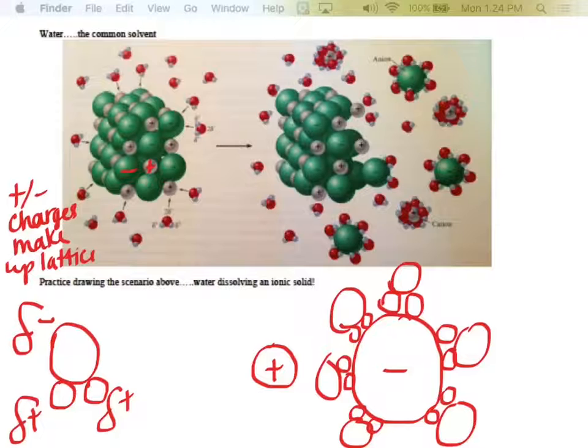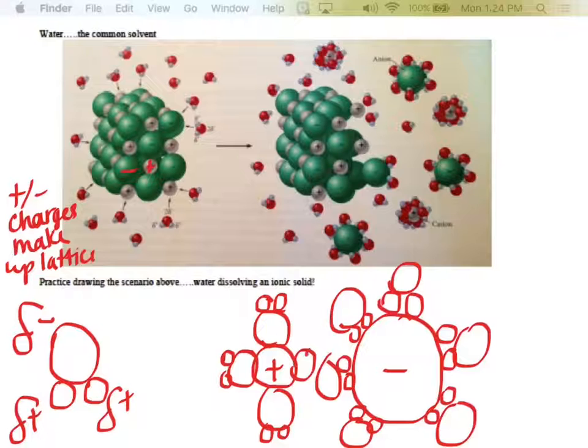And then what about the cation? What's going to be attracted to the cation is your oxygens. Okay, and so this is how we would draw this. You need to get used to drawing the water dissolving the ionic compound like I have here.